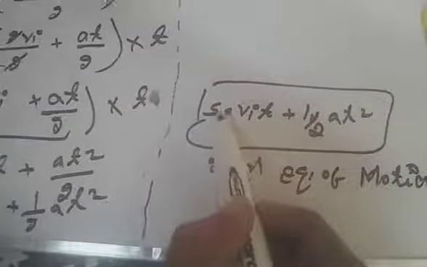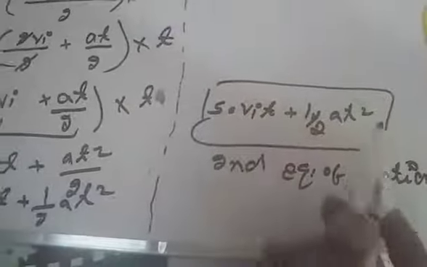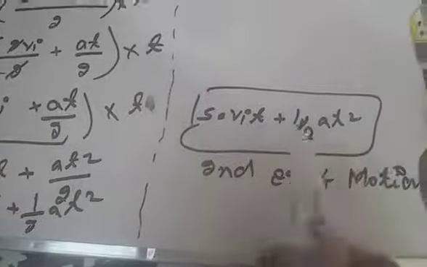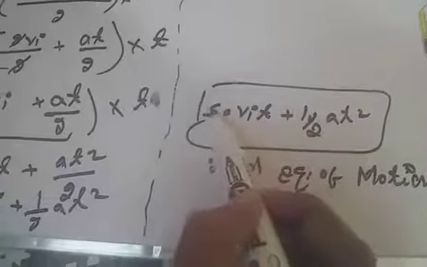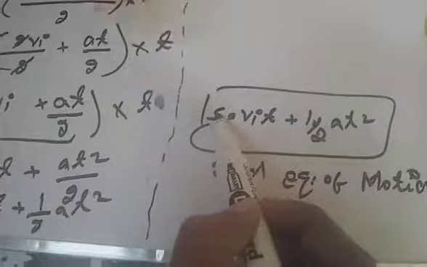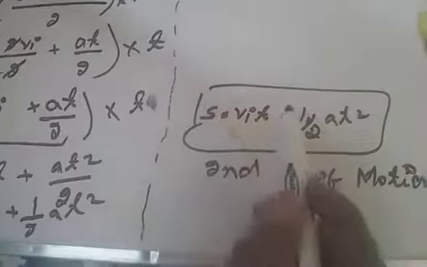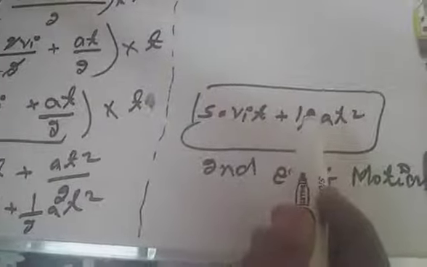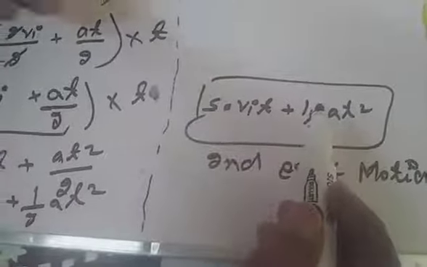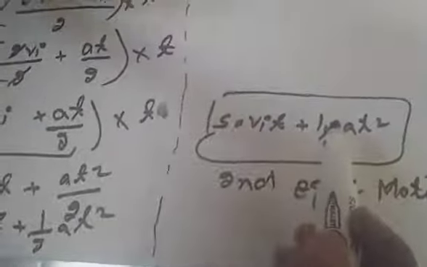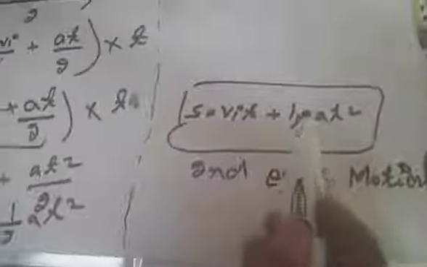This is the derivation and relation for the second equation of motion. In the second equation of motion, we derive the relation for the displacement covered during constant acceleration of the body, when the velocity is changing at a constant rate and the acceleration remains constant. Thank you.